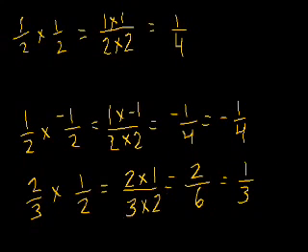That was an interesting problem. Let's do it again, and I want to show you a little trick here. 2/3 times 1/2. As you said, any multiplication problem, you just multiply the numerators, multiply the denominators, and you have your answer. But sometimes there's a little trick where you can cancel out, you can divide the numerators and the denominators by a number.